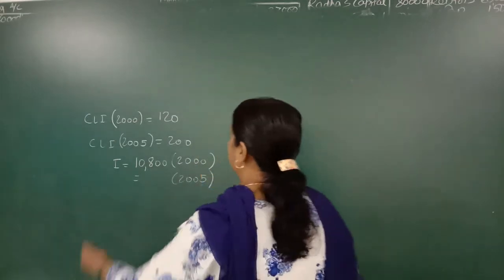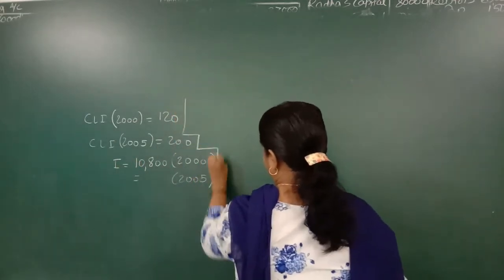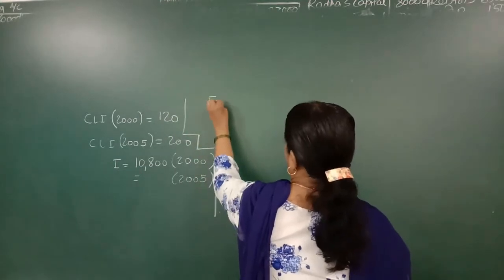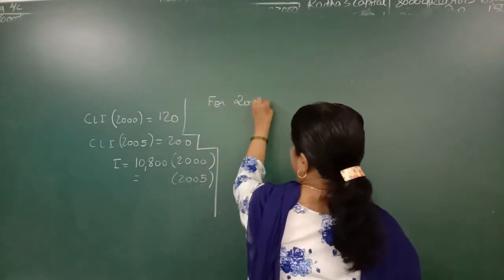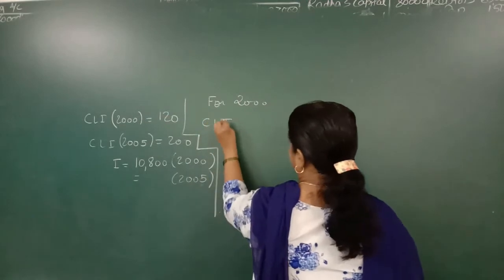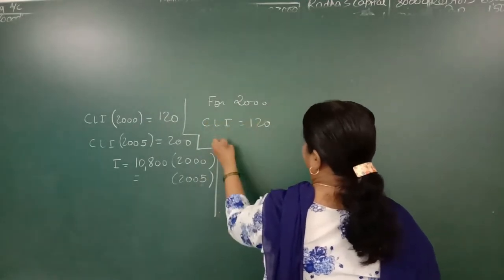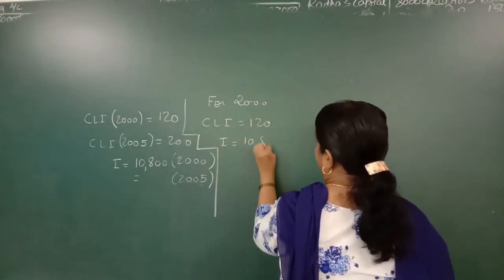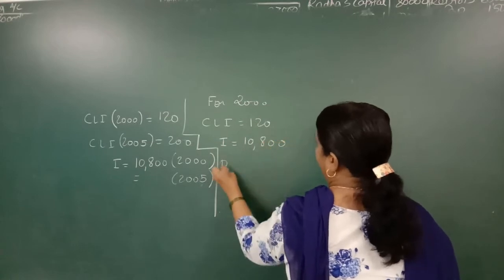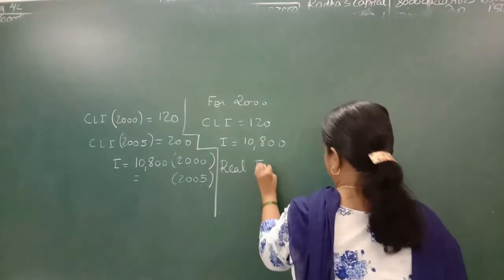Now, for the year 2000, see, what is the CLI given? 120. What are his earnings given? 10,800. Now, what was his real income?